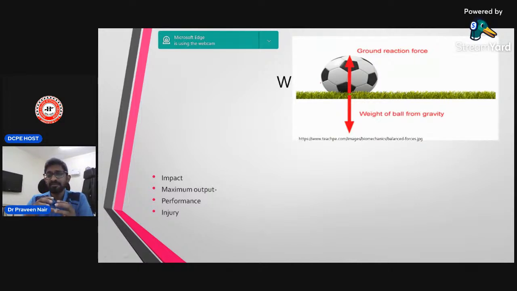The force plate can also be used to assess a player who is rehabilitating, so we can use force plates in rehabilitation too. There are many modalities which I will go on to discuss.